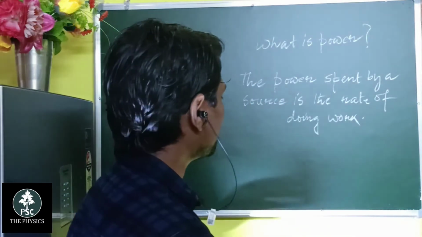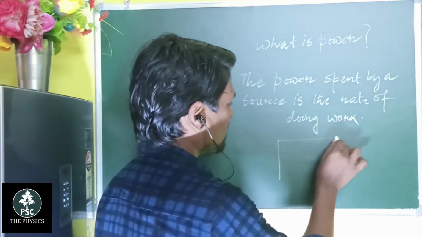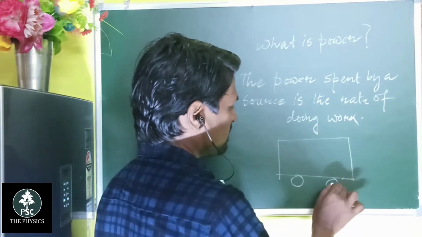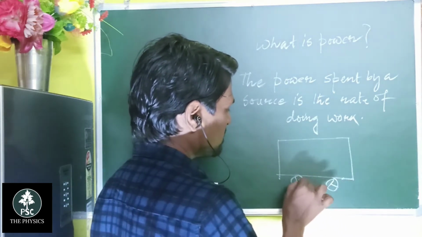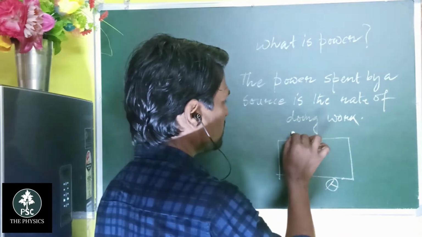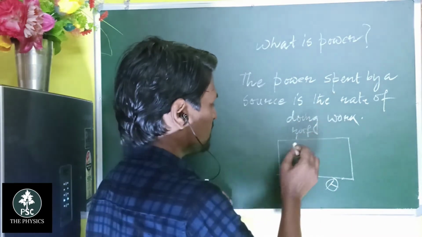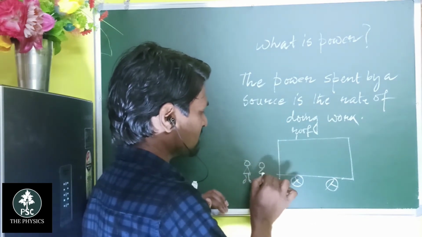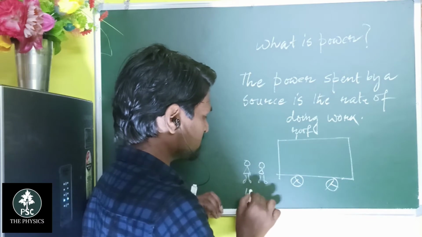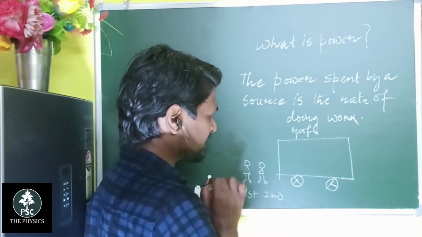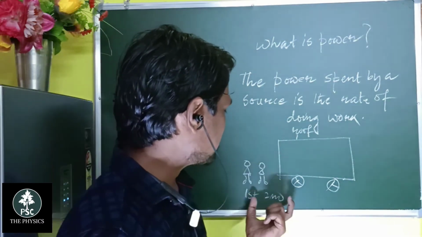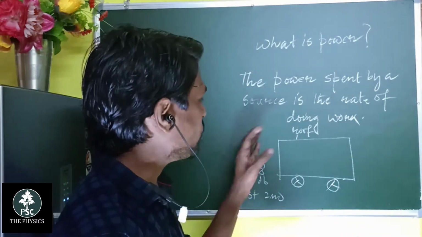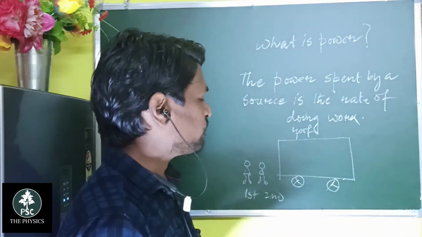Suppose students, this is a bus, and you have to lift your weight onto the roof. This is the first pulley, and this is the second pulley, and the two pulleys are used to lift that particular load onto the roof.